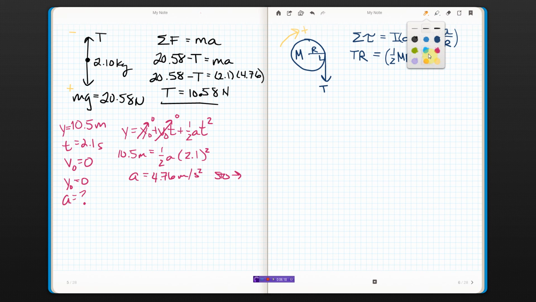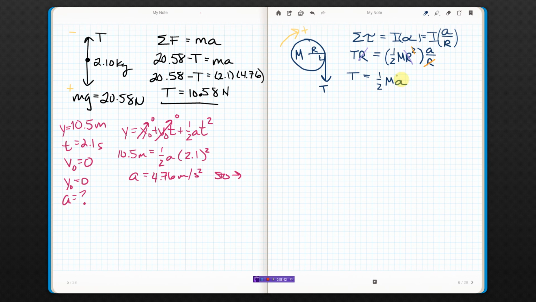But then I've got an r on the left and an r on the right, so those are going to cancel. Turns out the r doesn't matter. That's kind of weird, but it happens. So now I've got this simplified equation. The tension in the rope should equal 1/2 M times the linear acceleration of the bucket.